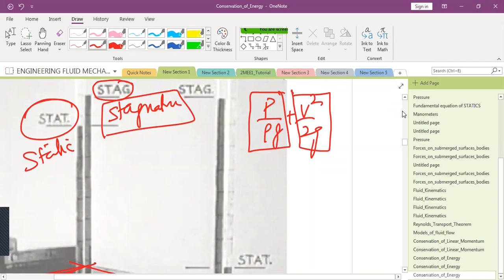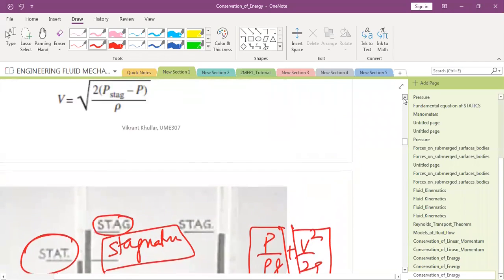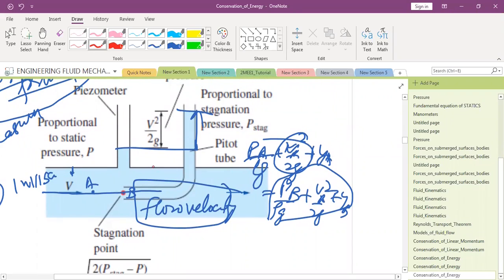So let me know which of the two measures stagnation, this thing or this thing. One or two? Which one does? Piezometer. One or two measured stagnation pressure? One or two? One.